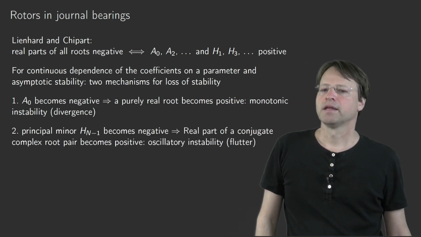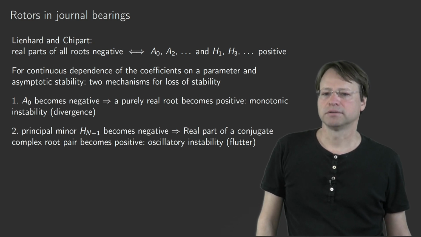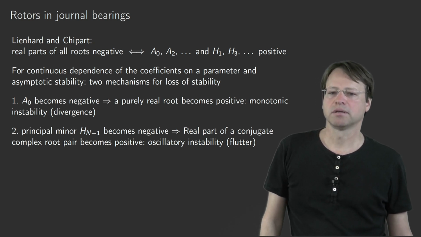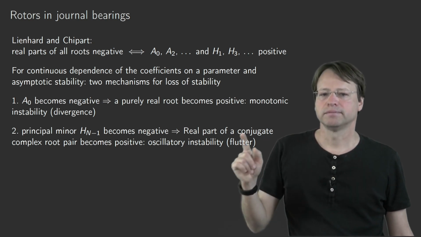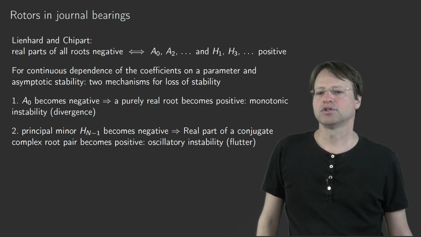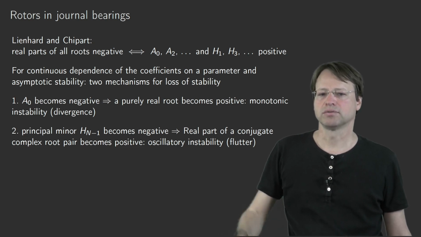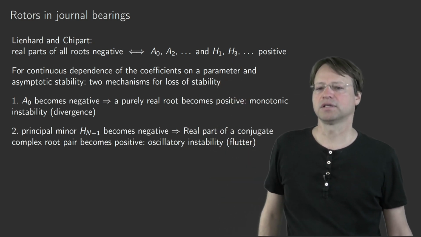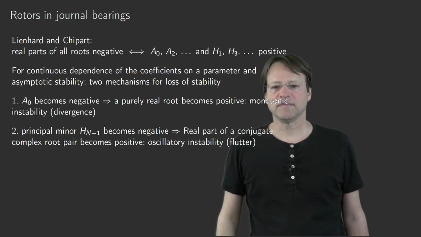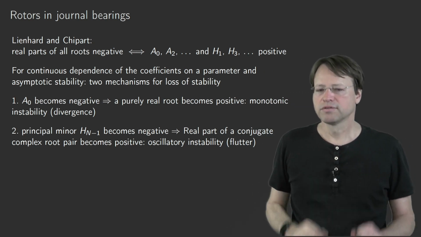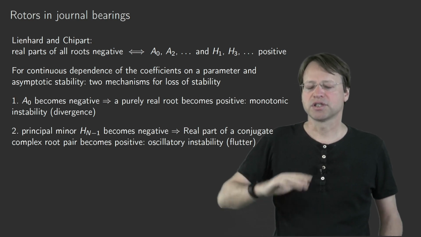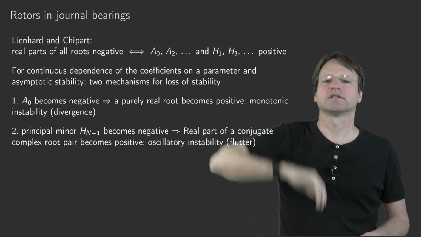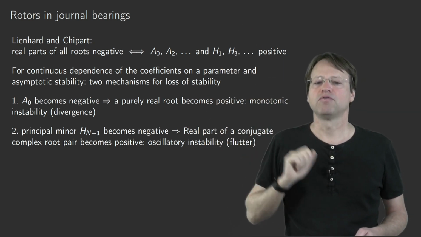And finally, the principal minor h_(n-1) can become negative, and then the real part of a complex conjugate root pair, so it's now the second part of that criterion, becomes positive, and then we have oscillations with growing amplitudes, and this is termed flutter.